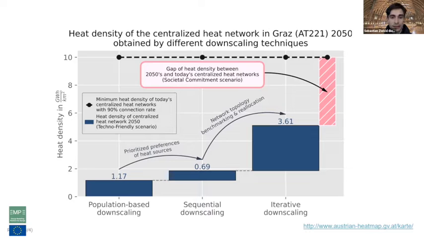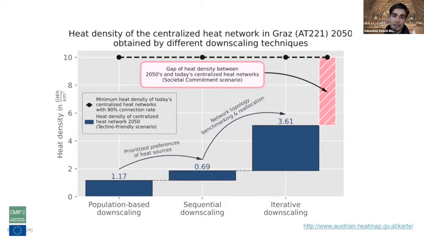We significantly increase the achievable heat density only if we go into the details of the infrastructure on the community level. However, and this is indicated by the pink bar, we see a significant gap of heat density between 2050 and the heat networks today.